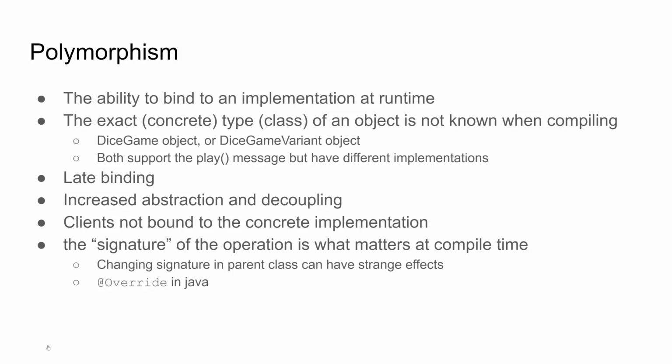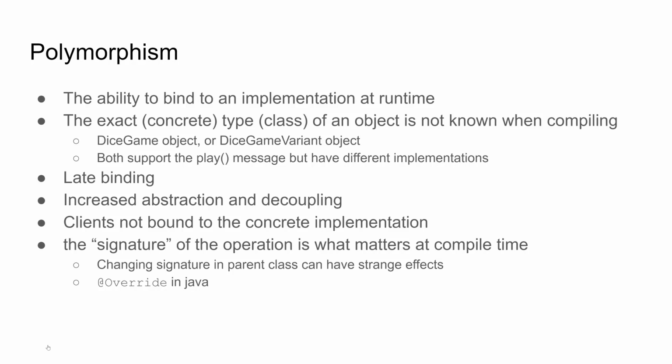And this means that client classes, for example the player, are not bound to concrete implementation. It's not bound to the implementation of play, but the actual implementation can vary depending on the type of object actually used when we run the program. And it's the signature of the operation that is what matters at compile time. So we call play on different types of game objects, whether it's the original dice game or this new dice game variant.